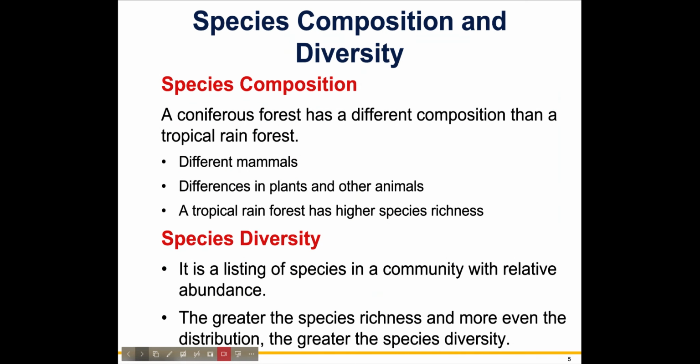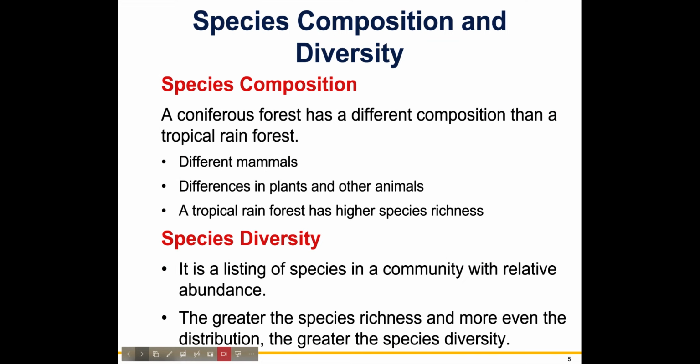So again, our species composition, such as that coniferous or pine forest, has a very different composition than the tropical rainforest we just saw, right? There's different animals, there's different plants. So if we actually counted the amount of things there, a tropical rainforest would have a higher species richness.